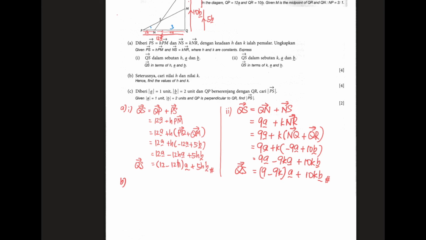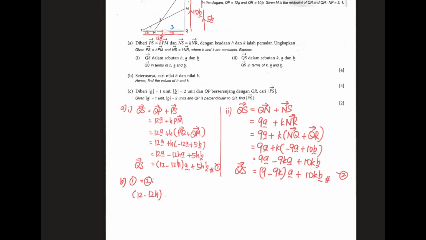Hence find the values of H and K. So again, you can see both of these are QS. You can equate them and compare the coefficient. Let's say I call this number 1, I call this number 2. I can use 1 equal to 2.